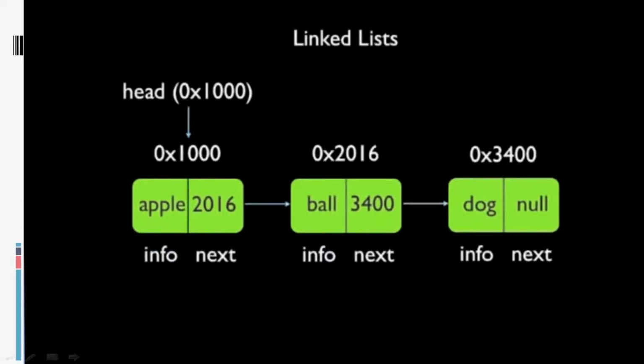Linked list. This is the memory address, and this is the data. This is the data: the apple, ball, and dog.